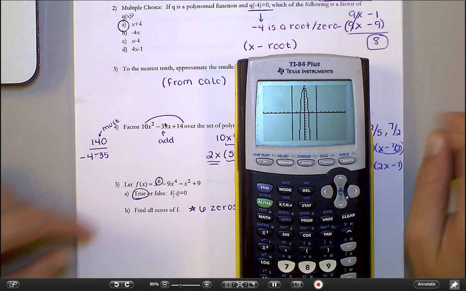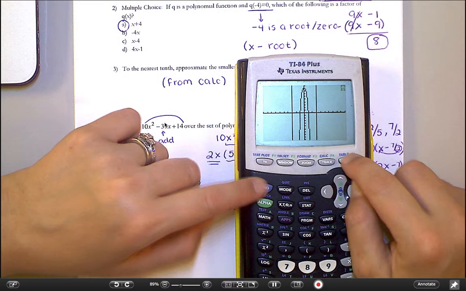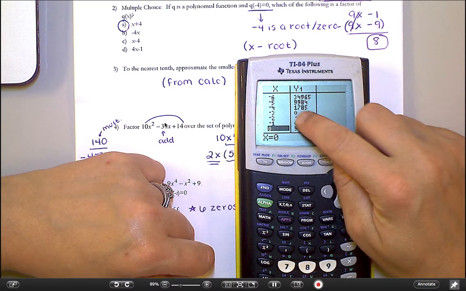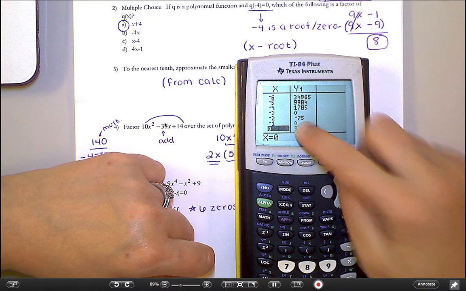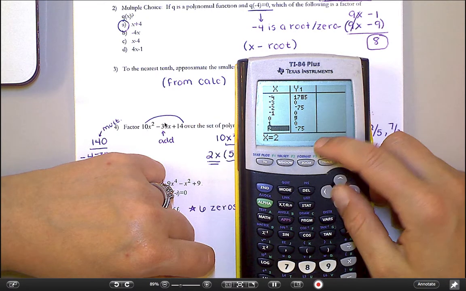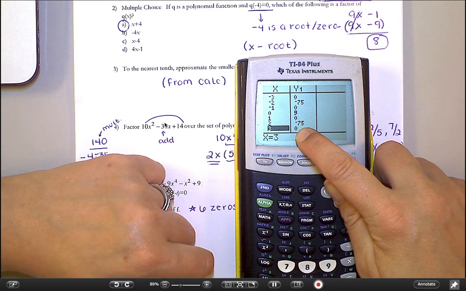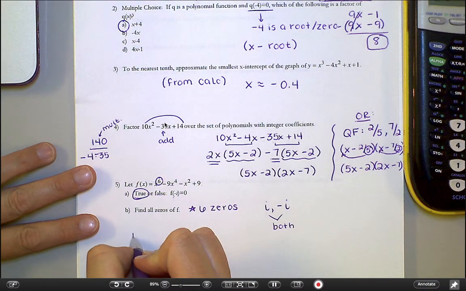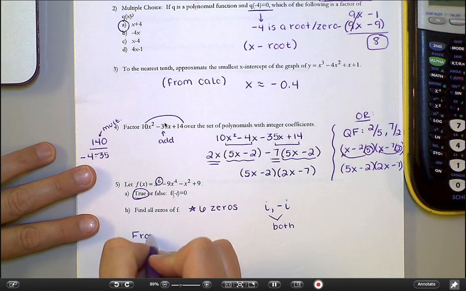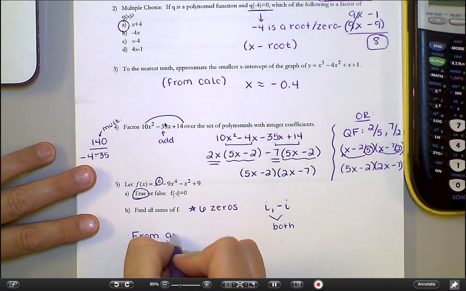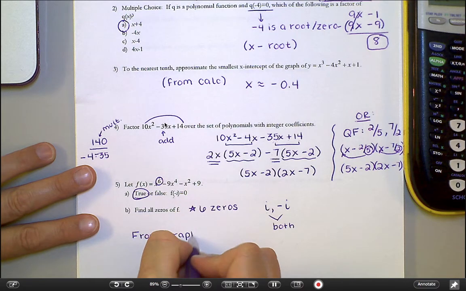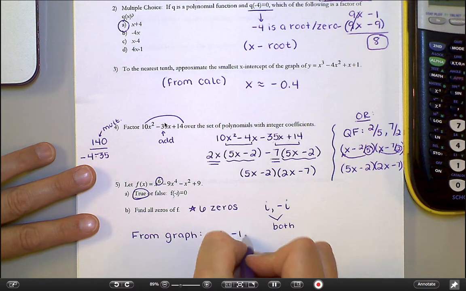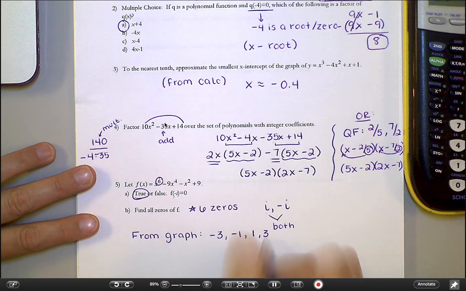I believe if I'm seeing that correctly, I have old lady eyes, so I'm going to check my table. So right here at -3 and at -1, I see that my value is 0, and +1 and +3. Okay, so those are all zeros of my function. So I've got those two, and then from my graph, I'm seeing -3, -1, +1, +3.